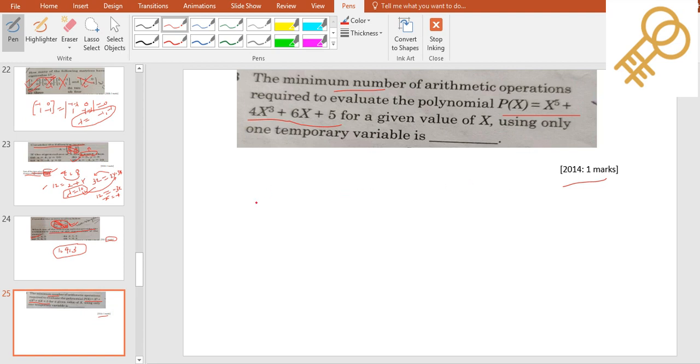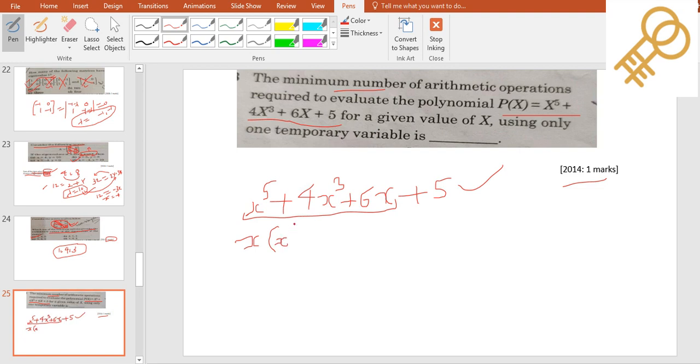The given polynomial is x to the power 5 plus 4 x to the power 3 plus 6x plus 5, right? And they are asking the number of operations. You can see that we can take x common from the first 3 terms, so we'll take it common.